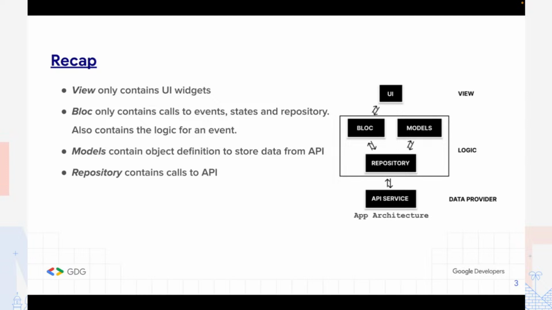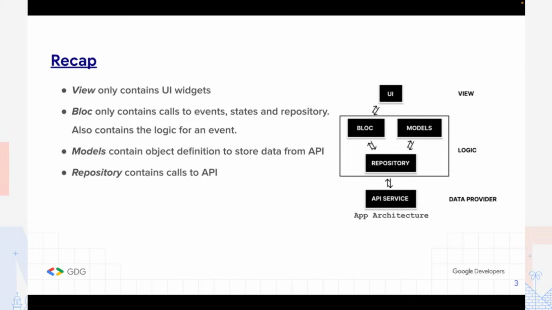Now, from the Bloc where we have the login event definition, it is going to call the login API in the repository, and this API is stored in the API service where the API will be called and there will be a certain response to this API, right? So let's say the login was successful. Now, in the repository we will have the response, which is login was successful or not successful.